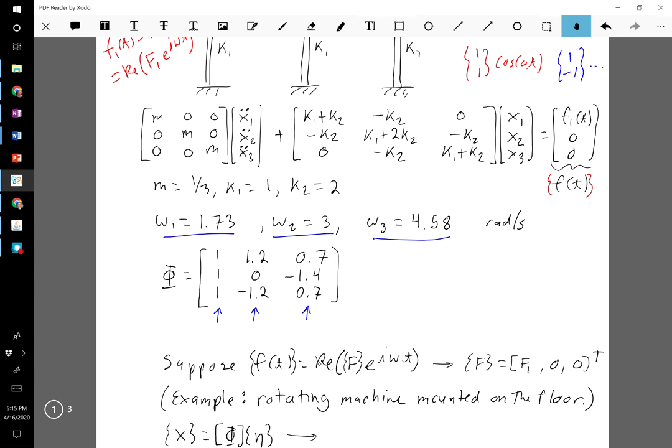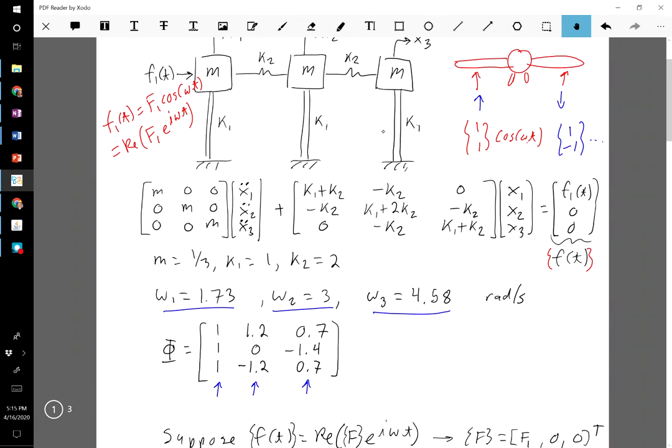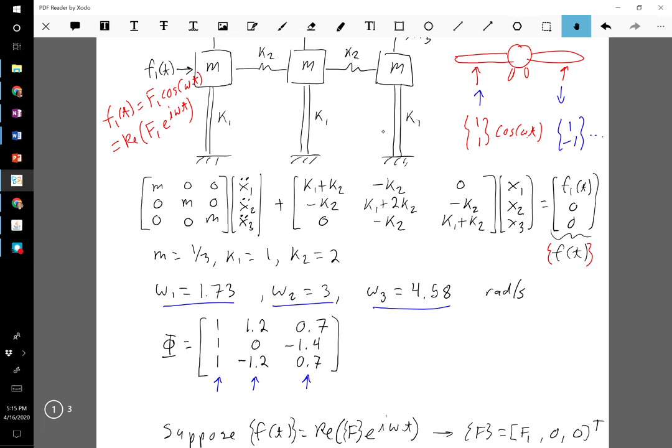By the way, it's interesting to note that we could have worked out some of these natural frequencies just by looking at the system. For example, if we guessed that the system might have a mode 1 1 1, what would that tell us?